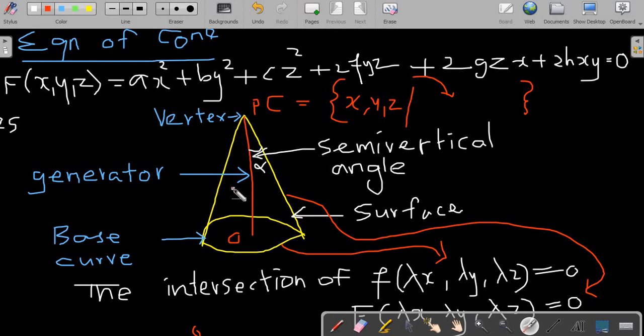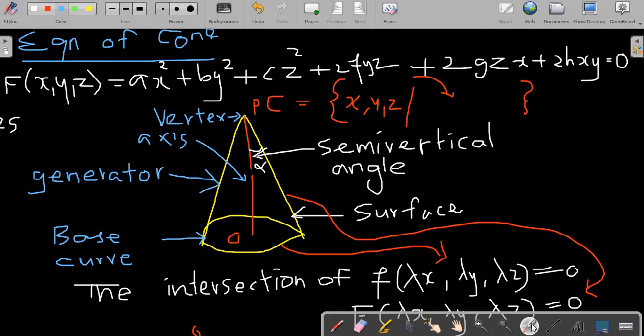Okay, so we have to change that. We can take this as a generator. But this is what we call an axis. Yes, now it's okay, right?